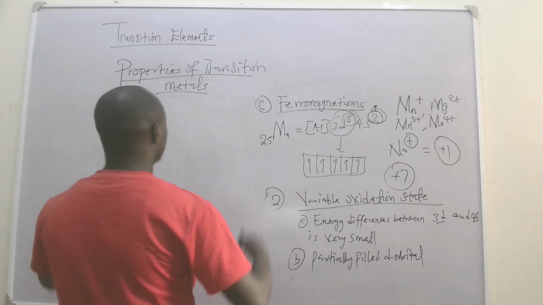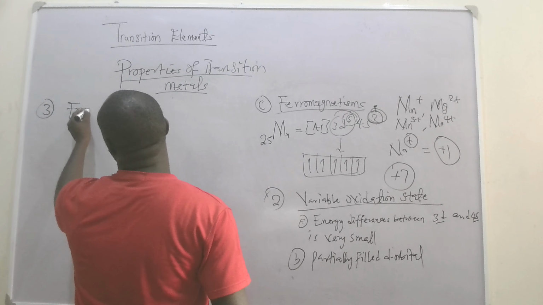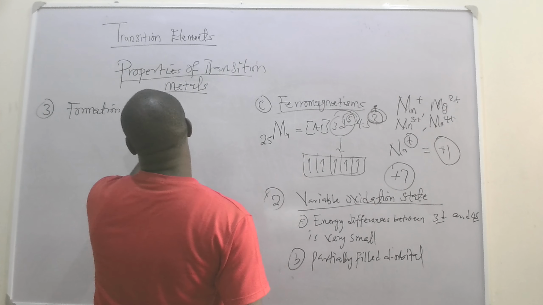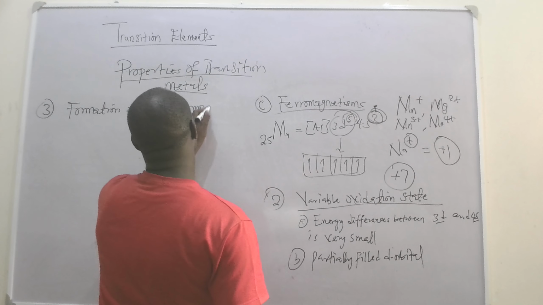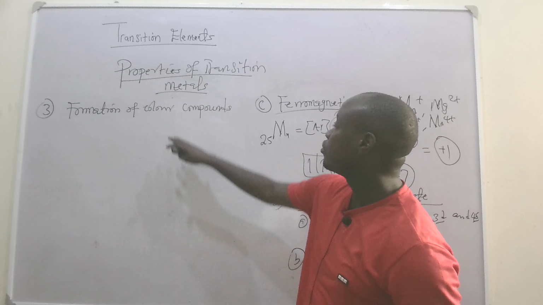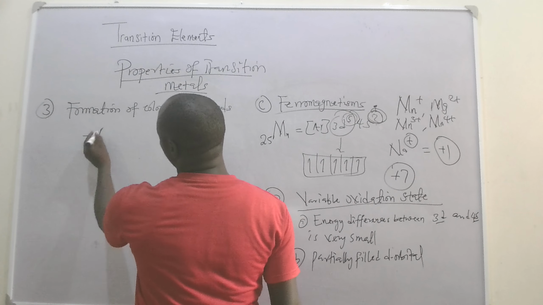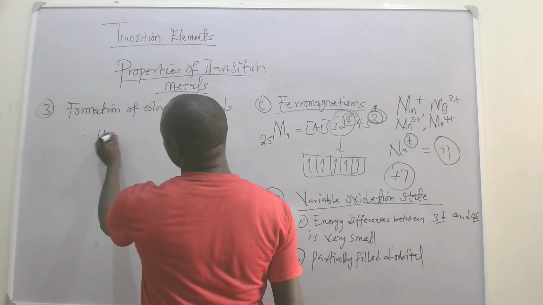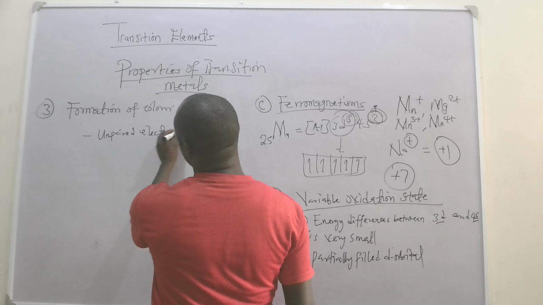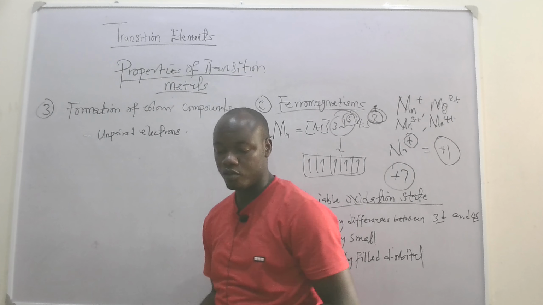So the third property is formation of colored compounds. Transition elements have the ability to form colored compounds, and the reason is the presence of unpaired electrons. And what is the link between these unpaired electrons and color formation?